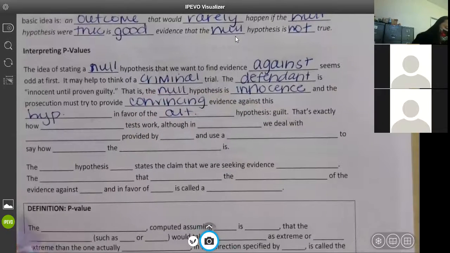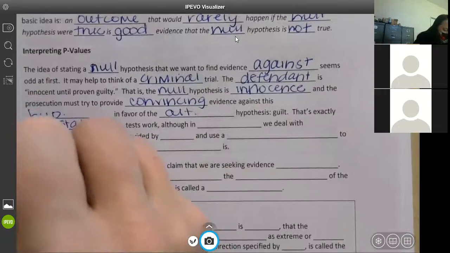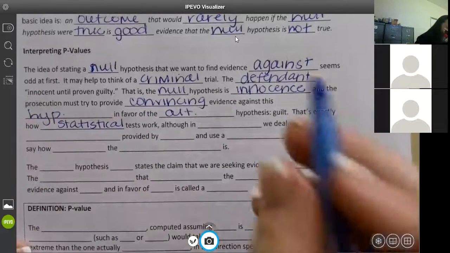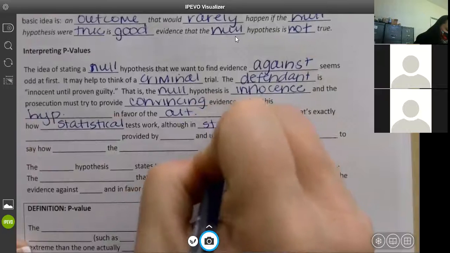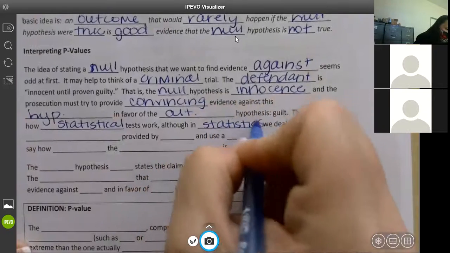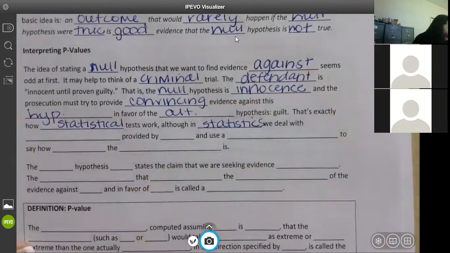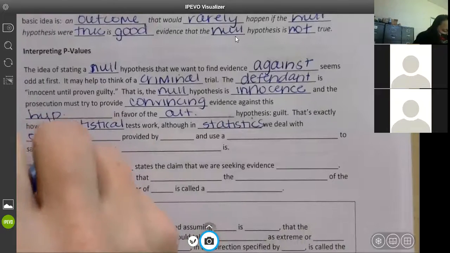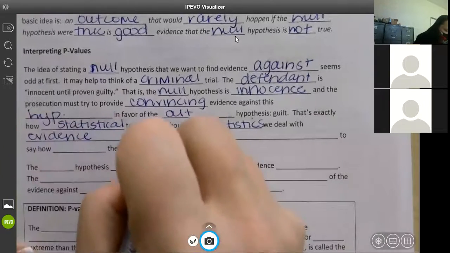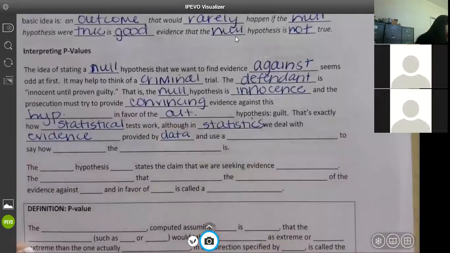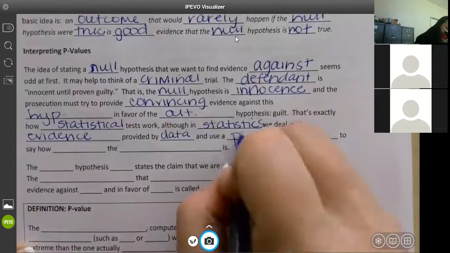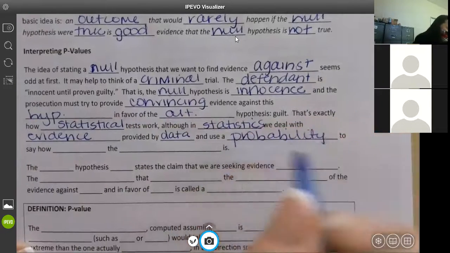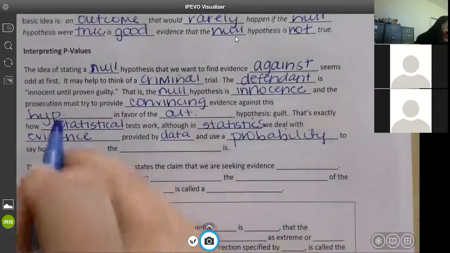That's exactly how statistical tests work, although in statistics we deal with evidence provided by data and use a probability to say how strong the evidence is.